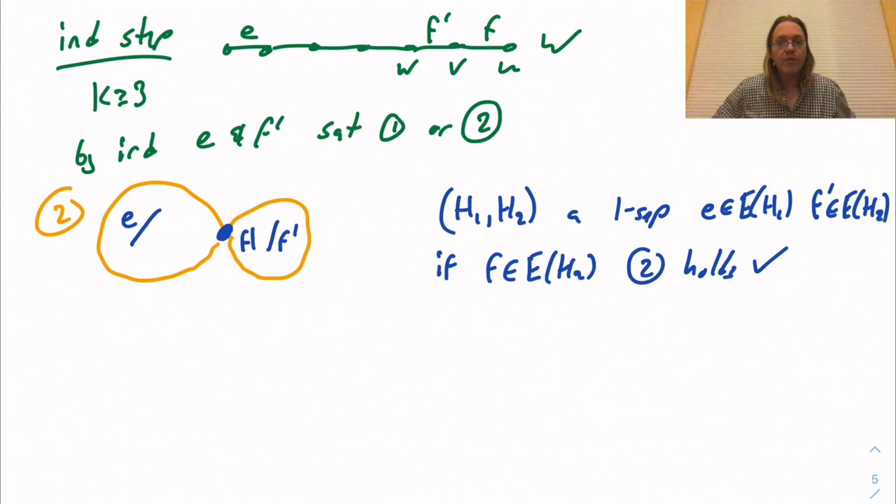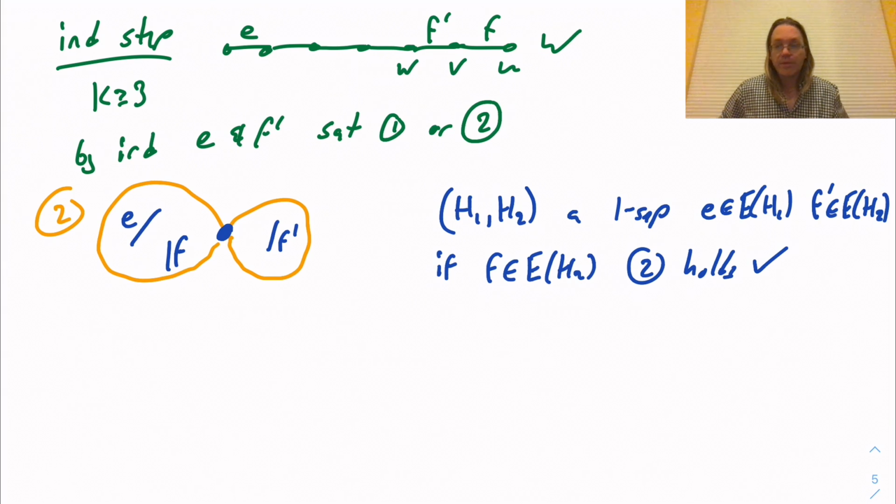If I put F over there on the right-hand side, then I found a 1 separation in my original graph. E is on the left, F is on the right. That's what I wanted. So I can assume that's not actually the case. So this is not the tricky case for me. F has to be, in fact, over here.